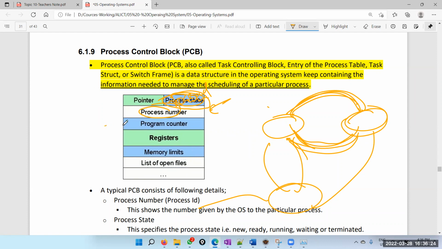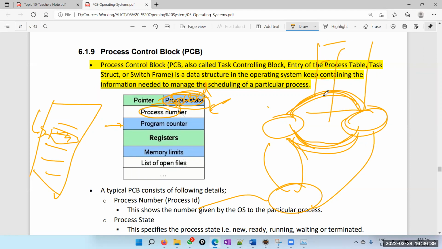Then the program counter. Remember the process is a running program, and a program has code. The program counter is the number of the last executed statement, because your program is in memory at different memory addresses; it records the address you last executed. Why is it important? When the process is in the ready state and is taken back to the running state, it has to read the program counter and load the next instruction, because you have to execute from that point onwards, not from the beginning again.